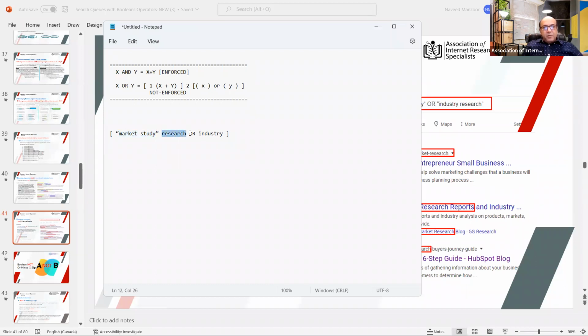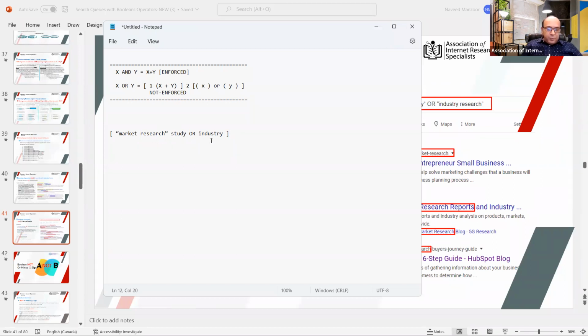Then the impact of the words research and industry would also be compromised. There would be less from the pool or population to take the sample from and bring results to you. So I would rather do market research, because I know this is going to find documents, and a chance is that I should be able to get the words market study or industry.